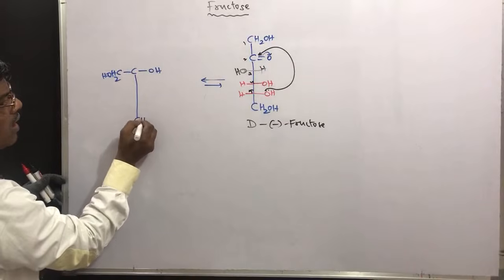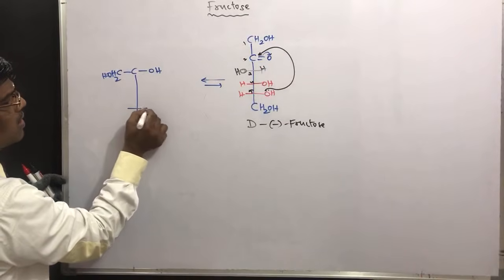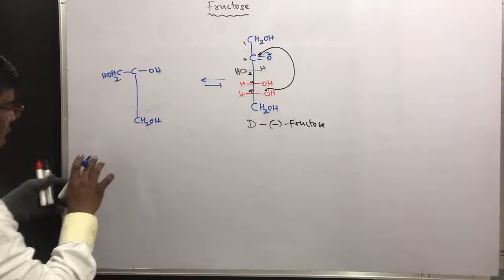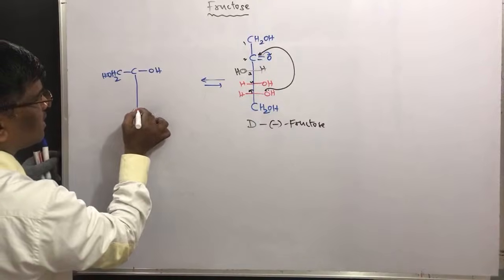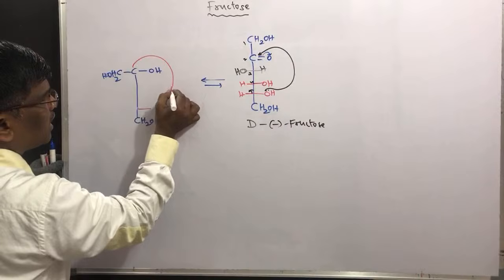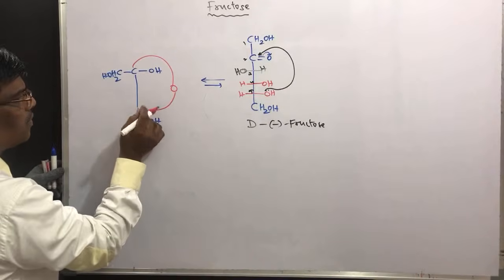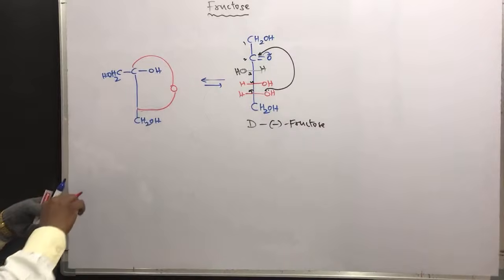Now the remaining carbon chain, no disturbance. So here it is going to have this cyclic structure, right? So here it is going to be in this cyclic form. Now the remaining, what is there?